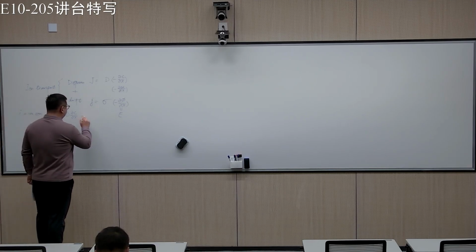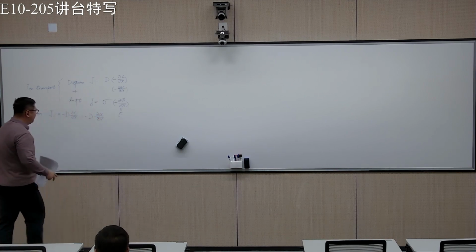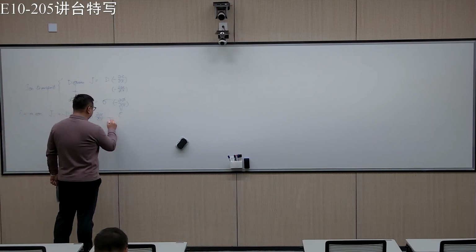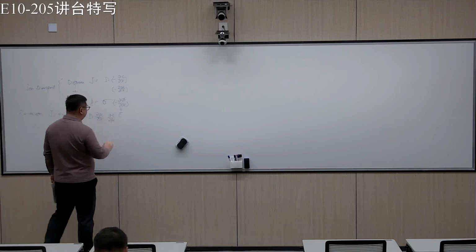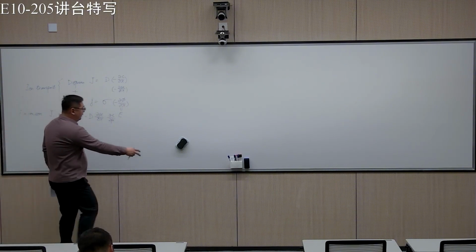So we want to write partial mu partial X. To get from here to here, we multiply by partial mu partial C. Let me erase that part.